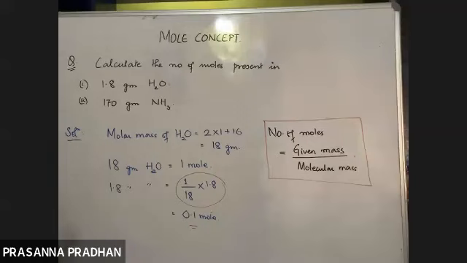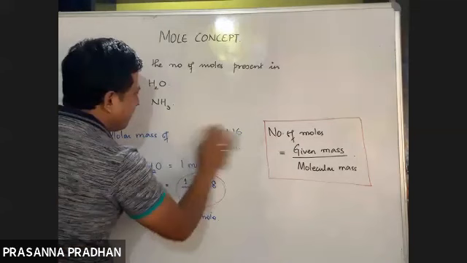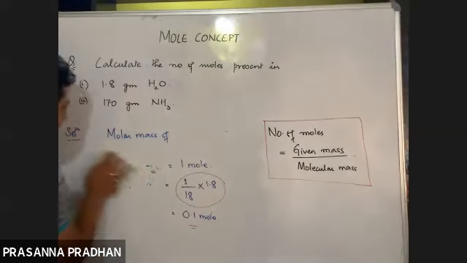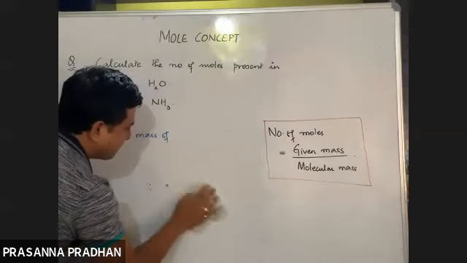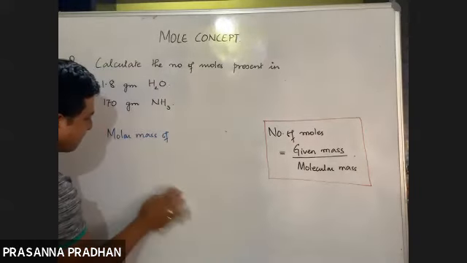Now let us apply this formula to the second question. You are supposed to find out the number of moles present in 170 gram of ammonia. First of all, let us calculate the molecular mass of ammonia. What is the atomic mass of nitrogen? I think it's 14.